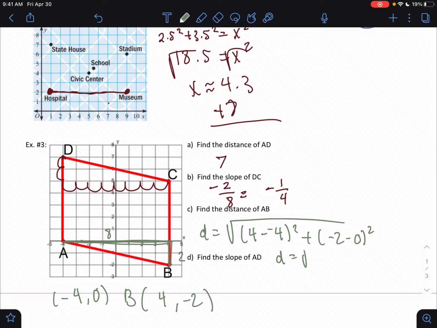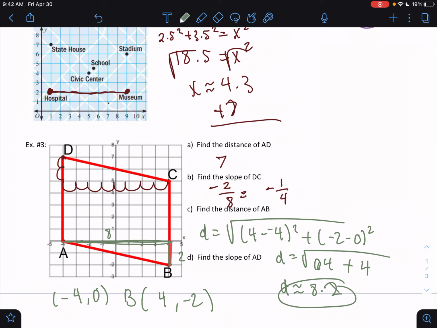So my distance is going to be the square root, so 4 minus negative 4 will be 8. 8 squared is 64, plus negative 2 minus 0 is still just negative 2. Negative 2 squared is going to be a positive 4. And then we'll have 64 plus 4, which is 68. So the square root of 68 is approximately 8.2.